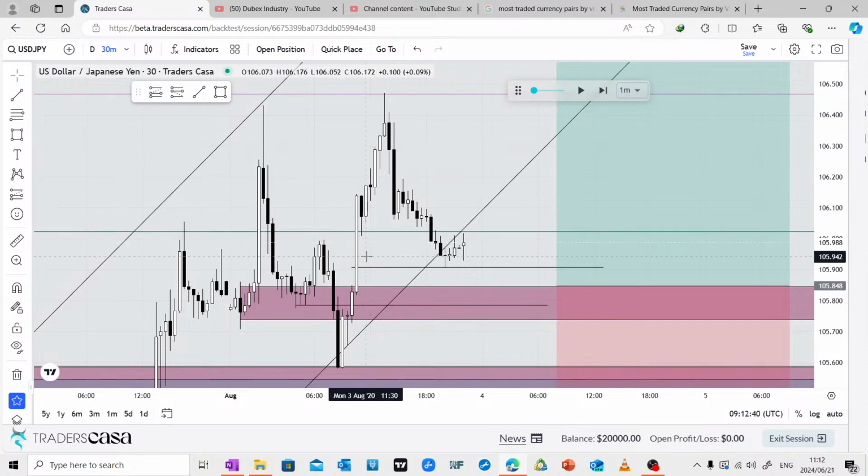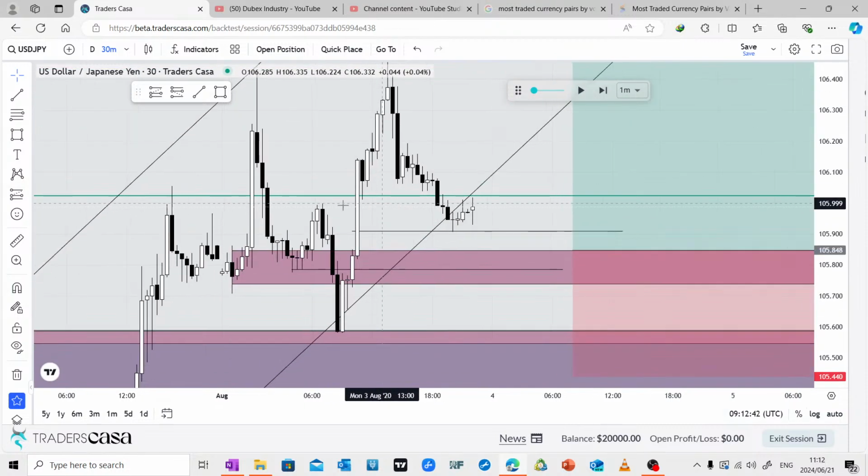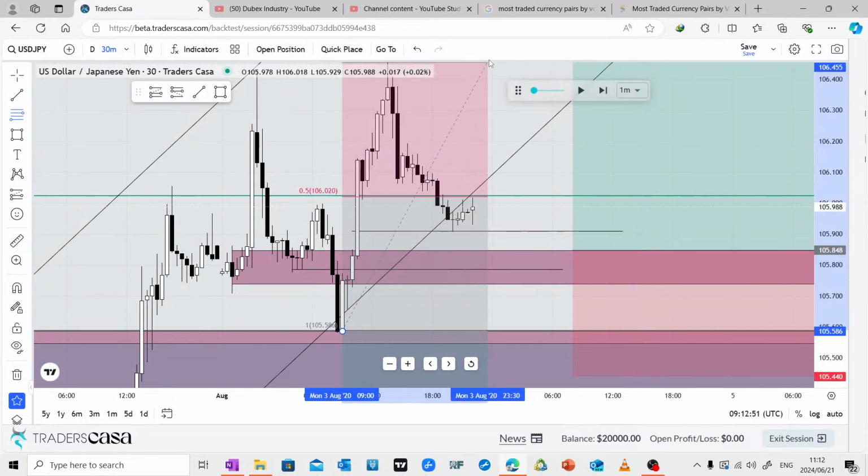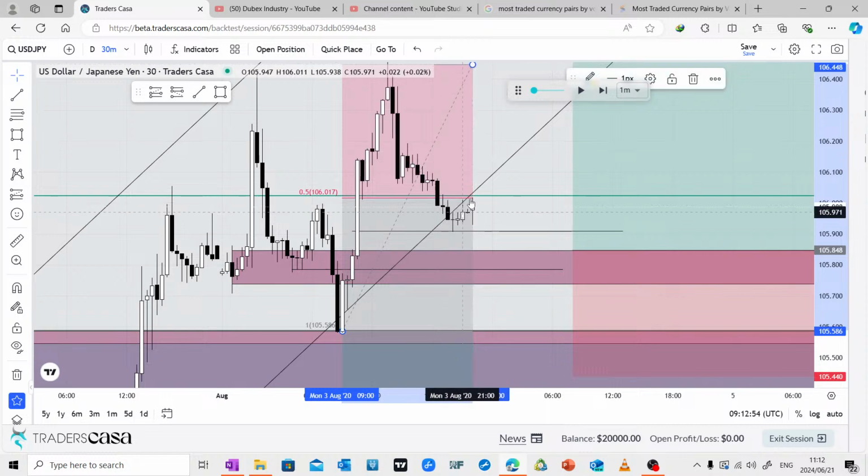We should reach back down into 50%. If we achieved 50%, yes, we have achieved 50%, so we could rally down lower and possibly penetrate into this more favorable fair value gap and then push to the upside.